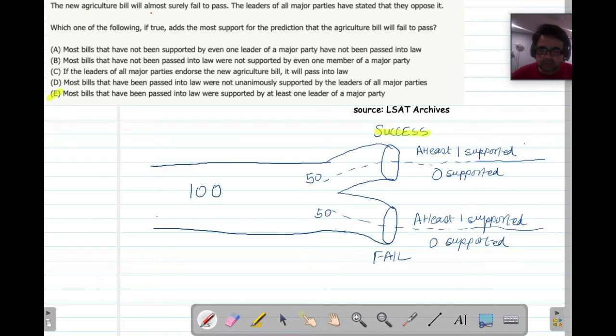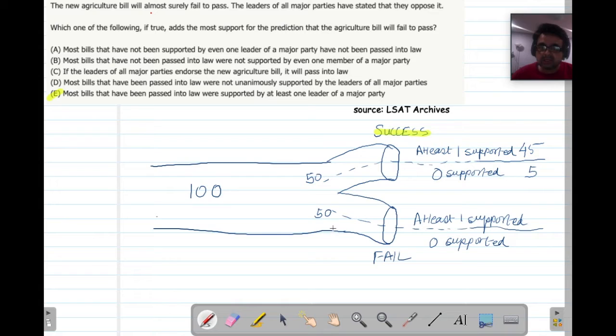So let's assume 45. And again, this is a question around possibilities and what supports the prediction the most. So let's assume 45 here. At least 45 of the bills were supported by at least one majority leader, and there were 5 supported by 0. What do we know about the other 50? We don't know anything, right?